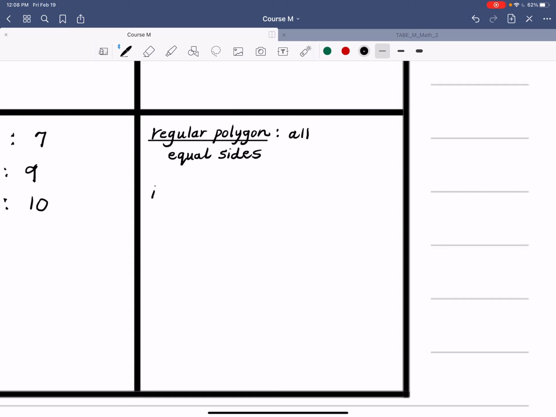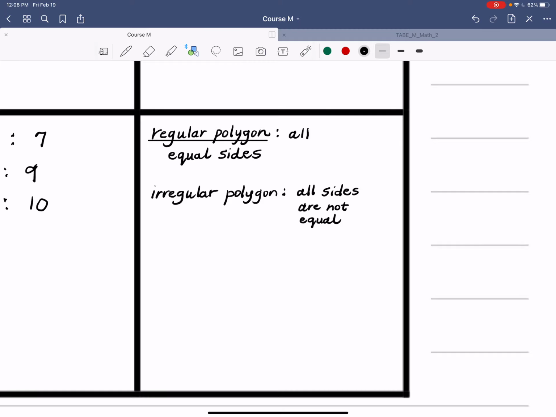An irregular polygon, all sides are not equal. You may have one that's out of whack, or all of them may be not equal, but at least one of them is not the same as the others.